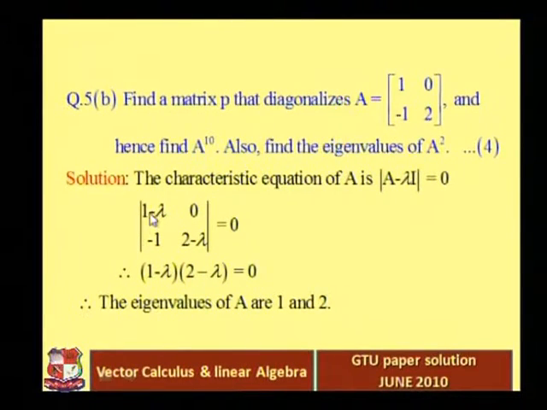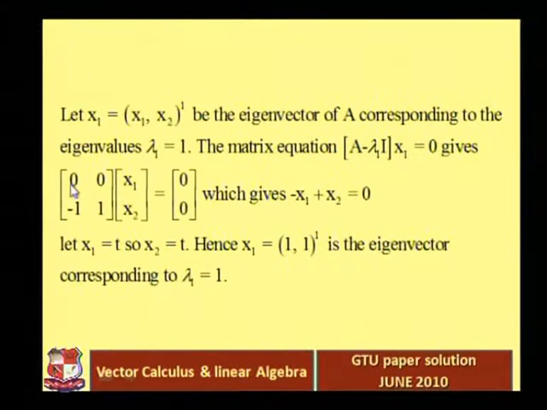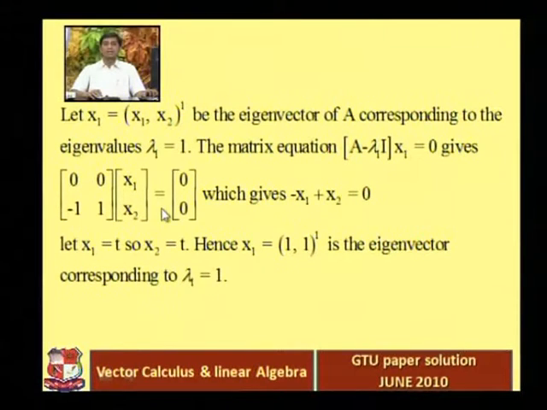Put lambda equal to 1, so you will get 0 here. This is also 0, minus 1, and this becomes 1, right? So the matrix [0 0; -1 1] times [x1 x2] equals [0 0].